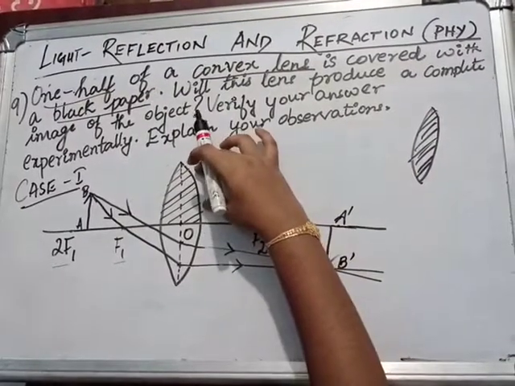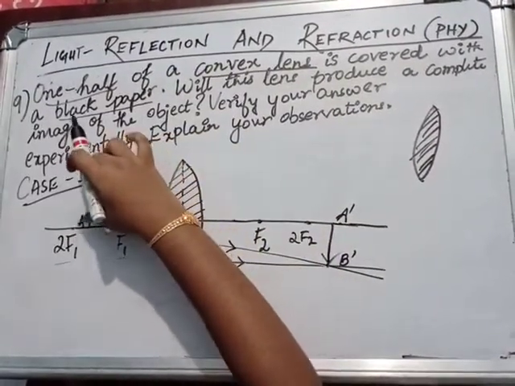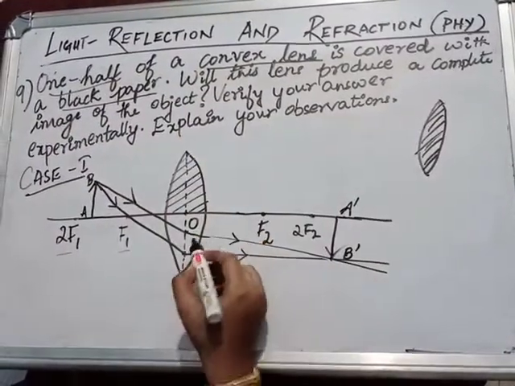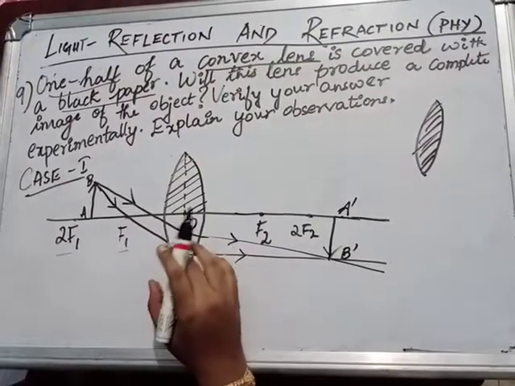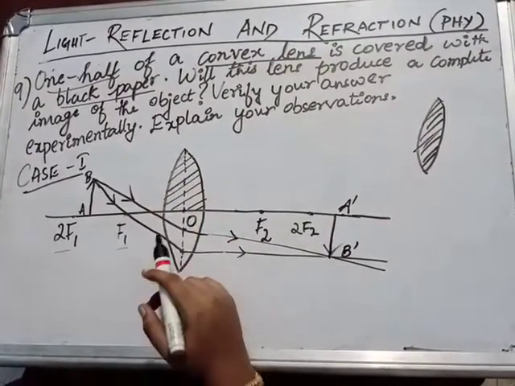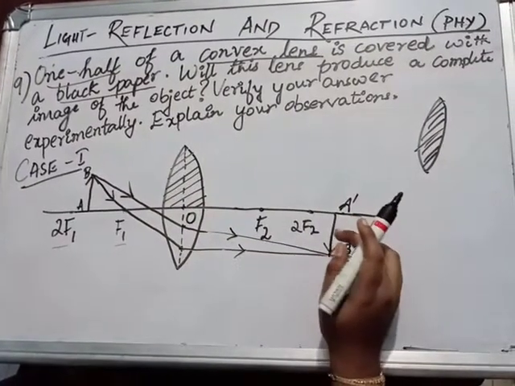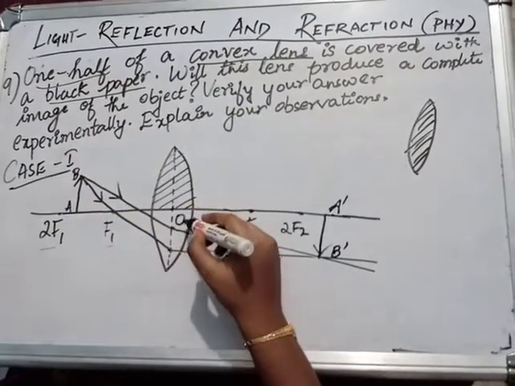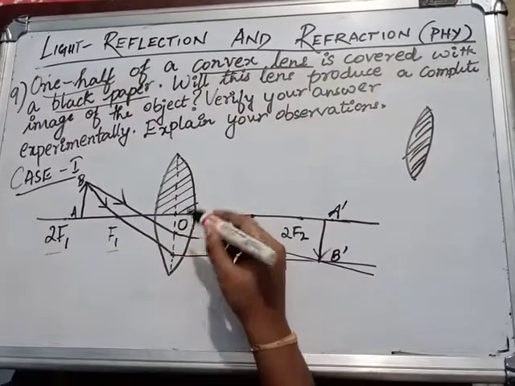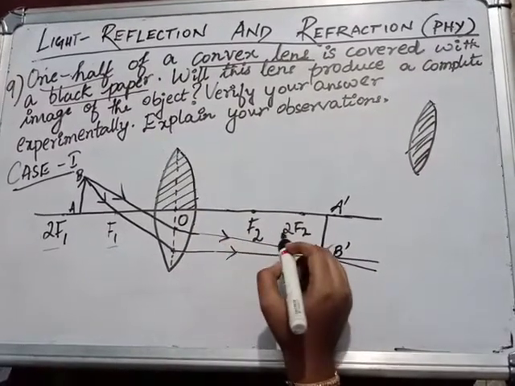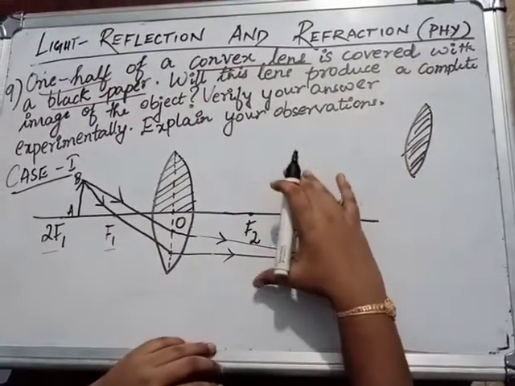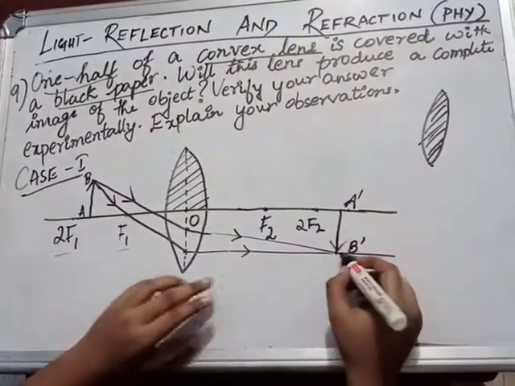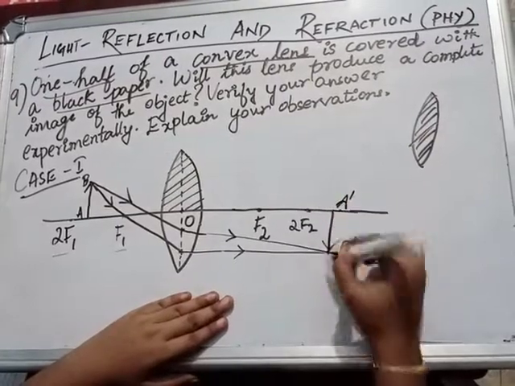Since only one half is covered, the object gets a chance to form an image through the down part of the lens, because here it's not covered by any black paper or it's not opaque over here, right? So in this case, a ray of light coming from the object is refracted by the lower half of the lens. These rays meet each other at the other side of the lens, not at the same side, and they form the image of the object in this way.